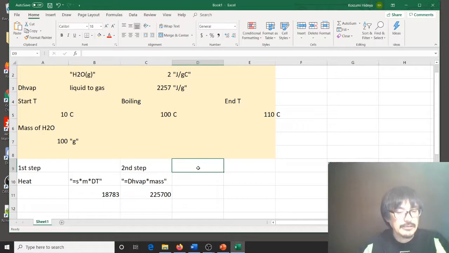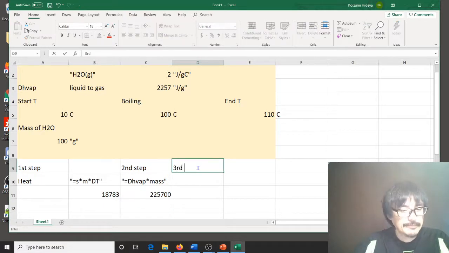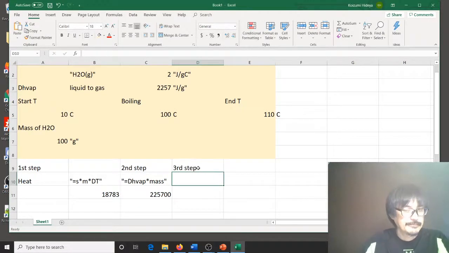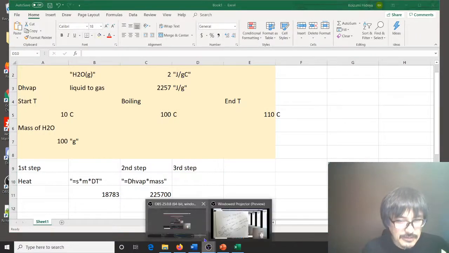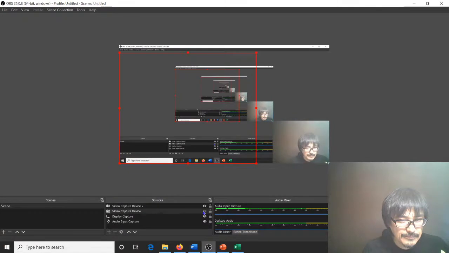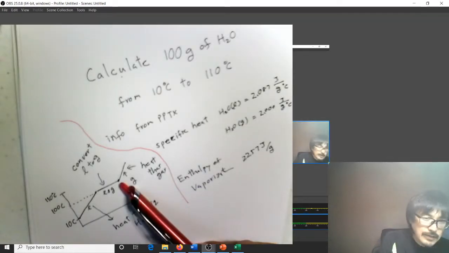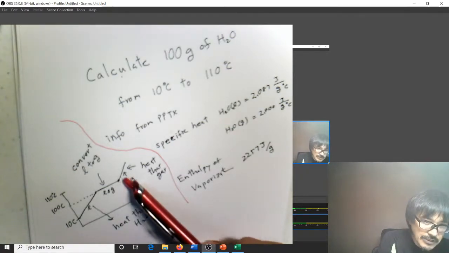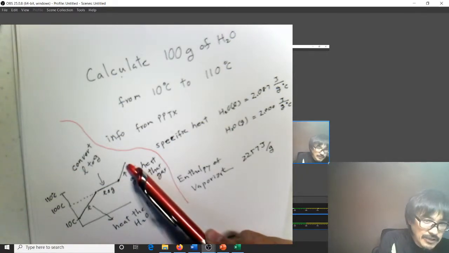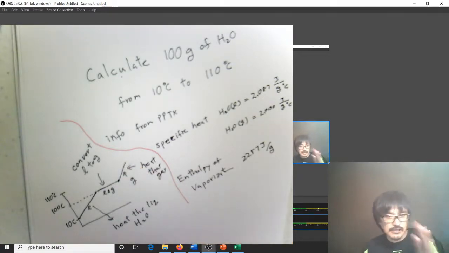And then the third step. Now we are going from the 100% gas at 100 degrees Celsius to 110 degrees Celsius all gas, right? So we're changing only the temperature.